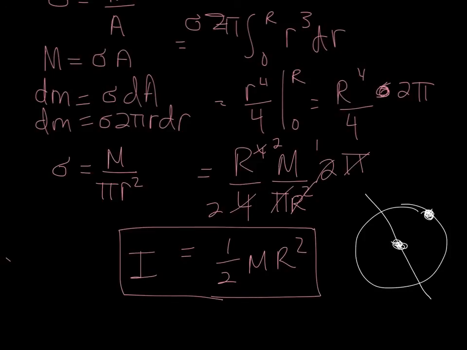There is a perpendicular axis theorem as well, for any planar object: the moment of inertia about an axis perpendicular to the plane is the sum of the moments of inertia of two perpendicular axes through the same point in the plane of the object. We'll take a look at this in a later video or in class, but you can figure that out fairly easily.